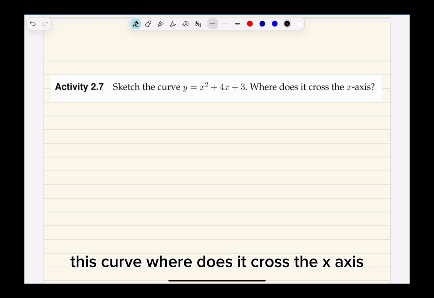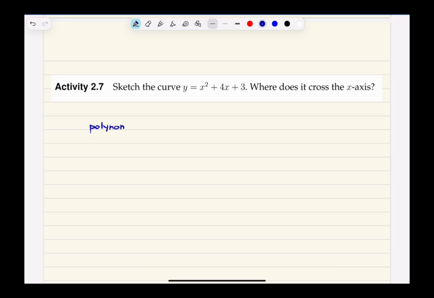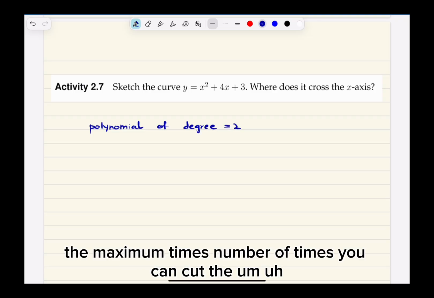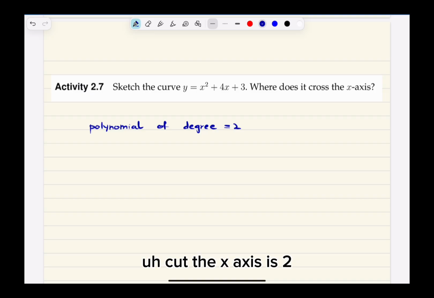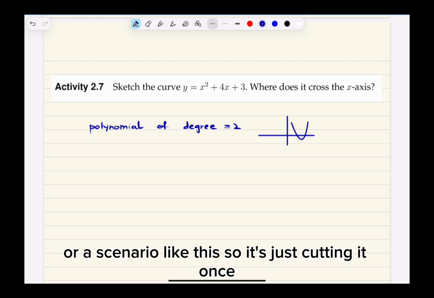Sketch this curve. Where does it cross the x-axis? Now you can see this is a polynomial of degree 2. What this means is that the maximum number of times it can cut the x-axis is 2. So for instance, we could have a scenario like this, or like this.